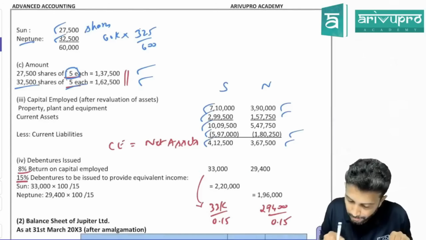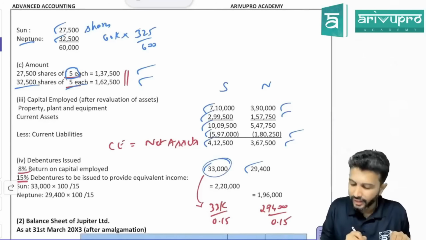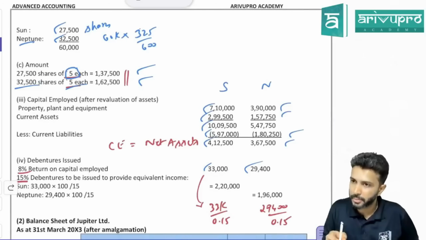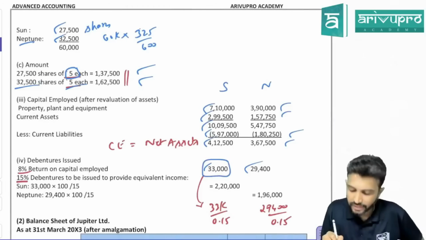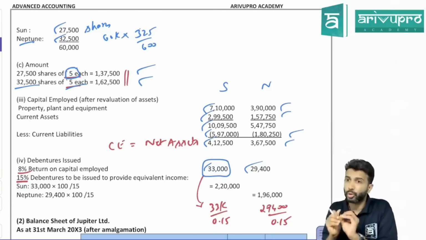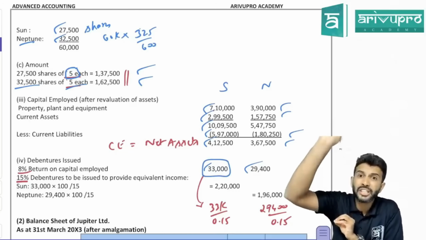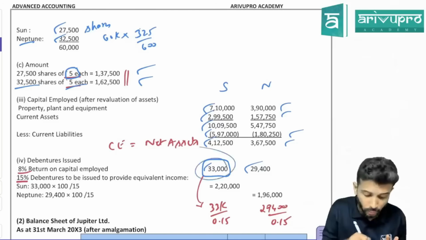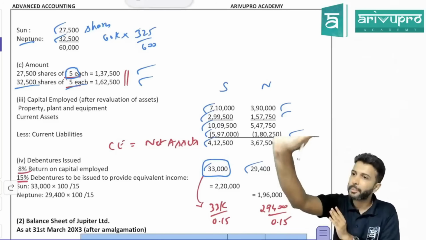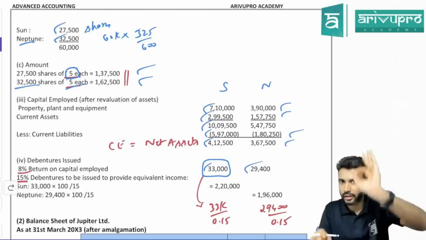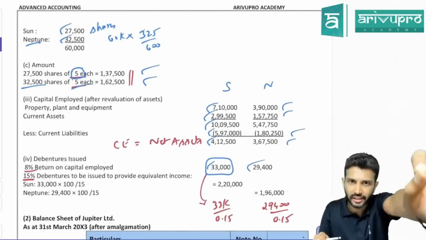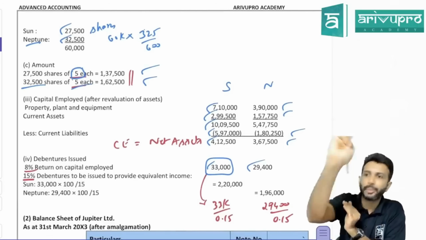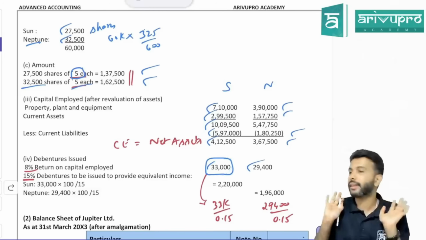How much is 8% on capital employed? 33,000 and 29,400. Let's concentrate on Sun for the time being. You have to give debentures to that extent where the return to the debenture holders is equal to 33,000.